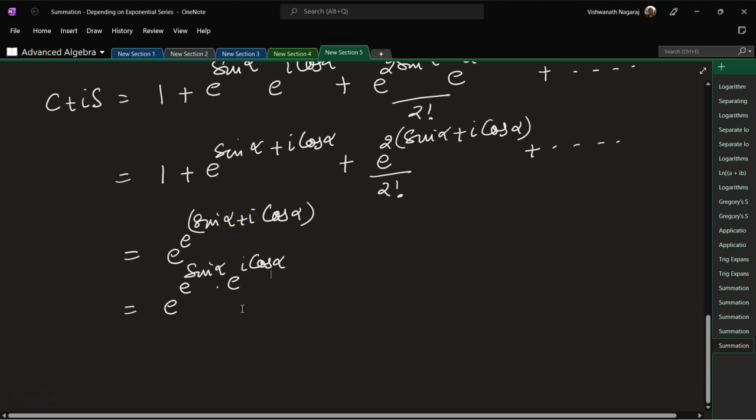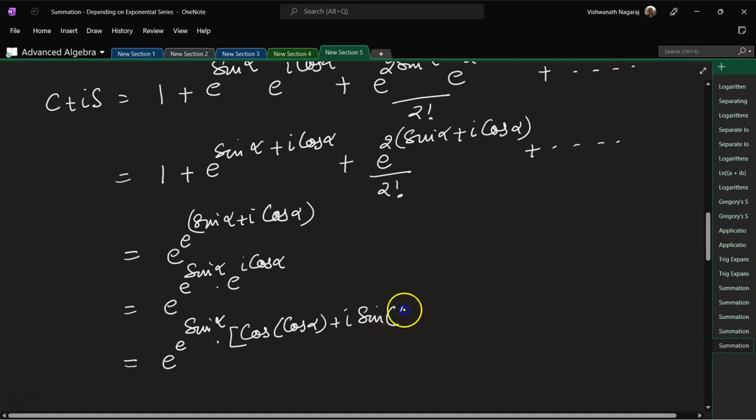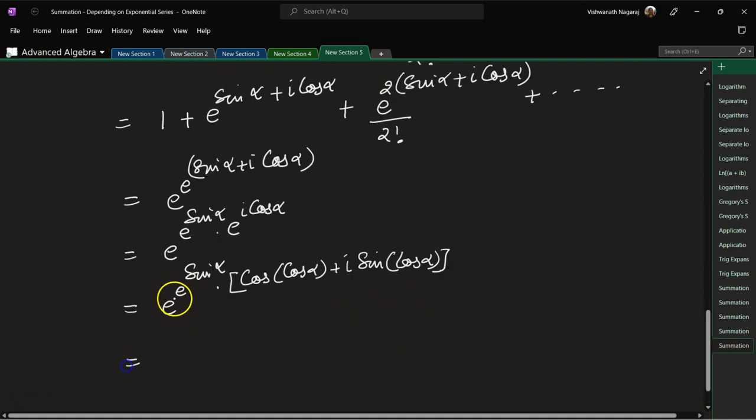Okay, so now what do we do? This e to the power of i cos alpha, we can write it as e to the power of i theta is cos theta plus i sine theta. So theta here is cos alpha, so we can write it as cos of cos alpha plus i sine of cos alpha. And now we can multiply the exponents.